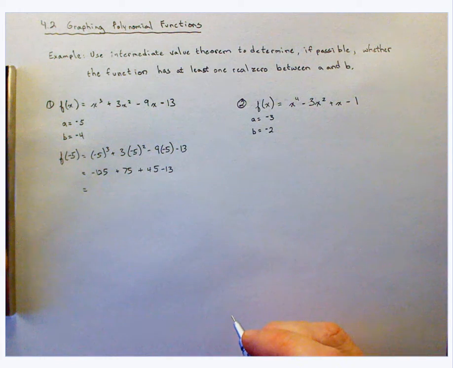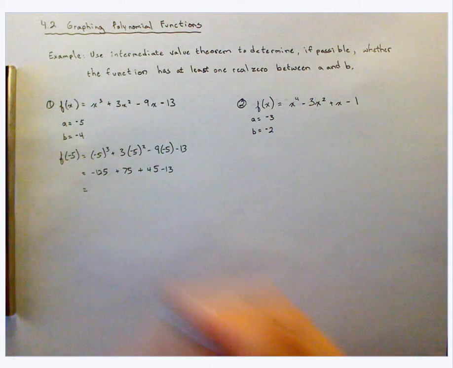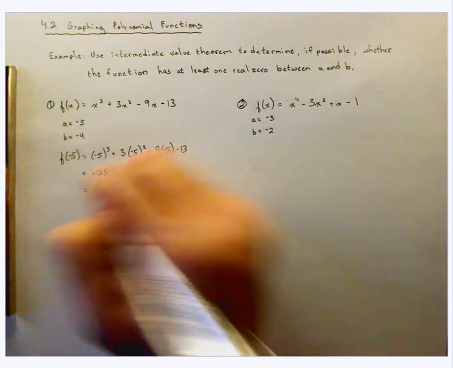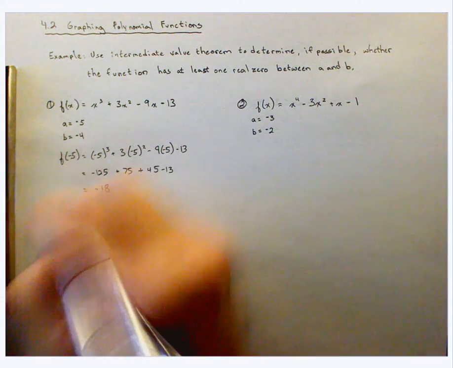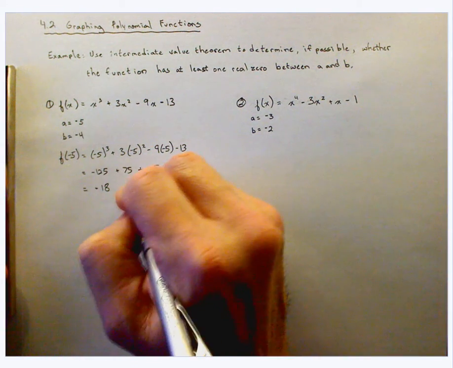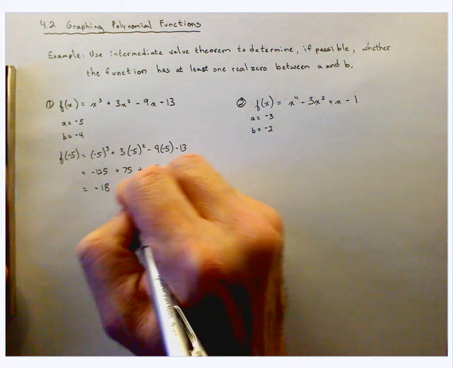So 120, minus 5, minus 18. Okay, so I have a negative sign here. This one here is negative.